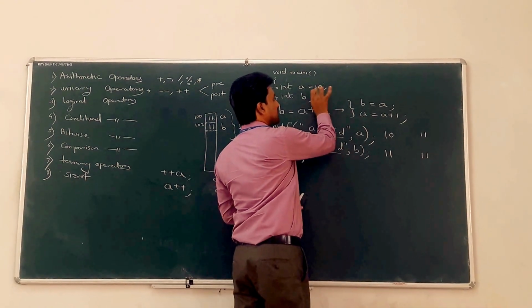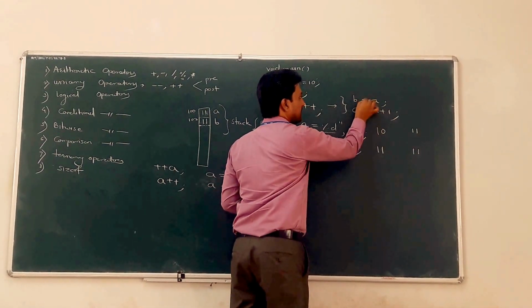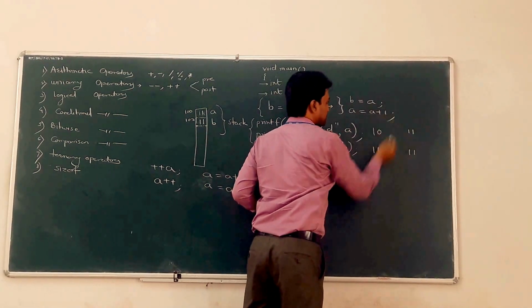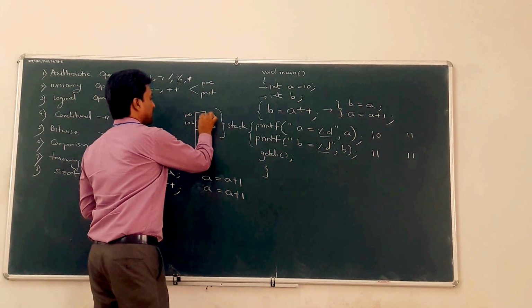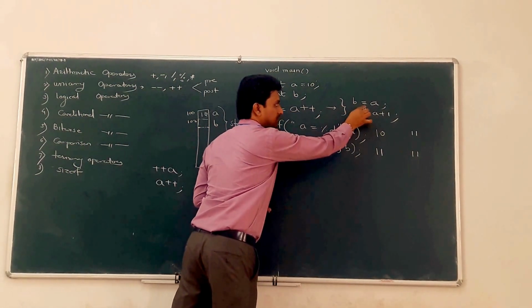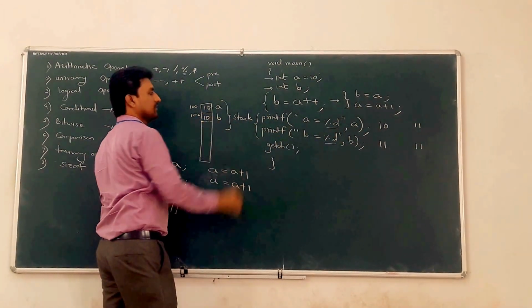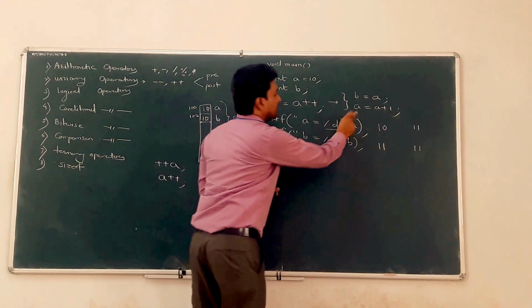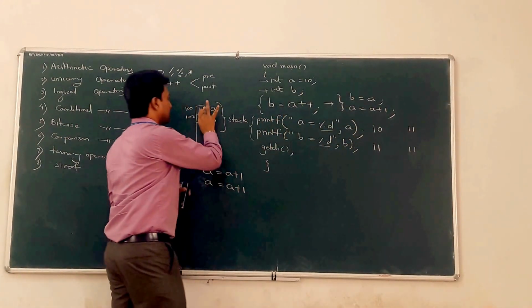Initial value of a is 10, so here b is assigned a value. What is the value of b? Initial value of a is 10, initial b is garbage. The third line is executed, that is b is equal to a. Whatever may be the value of a is assigned to b, that is 10. Next, a is equal to a plus 1, that is 10 plus 1, that is 11.